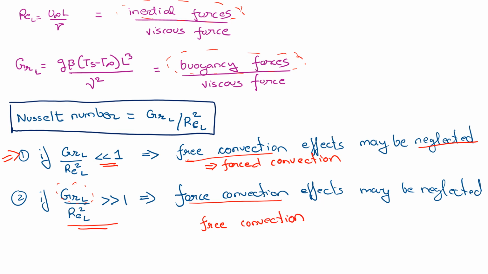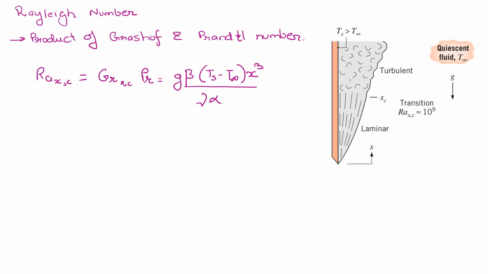Okay, so I hope this is clear. These definitions are extremely important, and you must make sure that you understand what these dimensionless groups mean, because they help us identify what type of convection we have, and also what type of flow we have, that is, if the flow is laminar or turbulent, or both. For that we define another dimensionless group called the Rayleigh number.